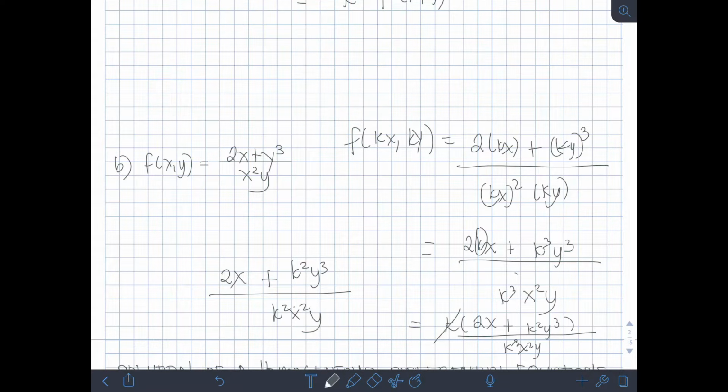So, napalabas ba natin yung form na k raised to n f of x comma y? Obviously, hindi. Kasi, nagkaroon pa rin tayo ng multiplier na k doon sa numerator at denominator. At hindi natin napalabas completely para maging same form yung f of x comma y natin multiplied by this k raised to n. Okay, so therefore, not homogeneous tong second example natin.